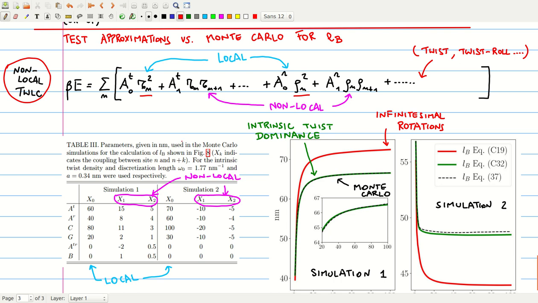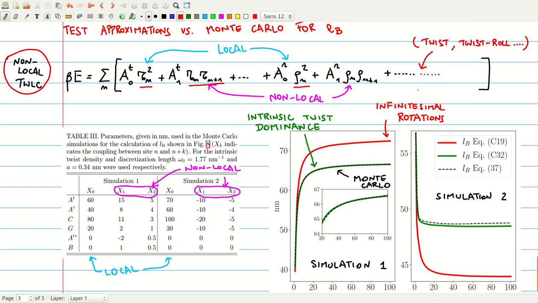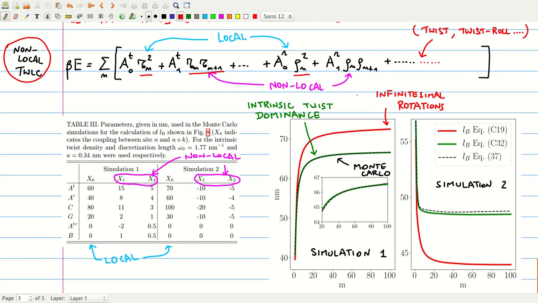There are also non-local terms as tau n times tau n plus 1, coupling tilt at two different sides. Other terms coupling twist and twist roll, etc., are not explicitly shown here. We leave them in the dots. The stiffnesses are indicated with letters A, C, G, B. See paper.